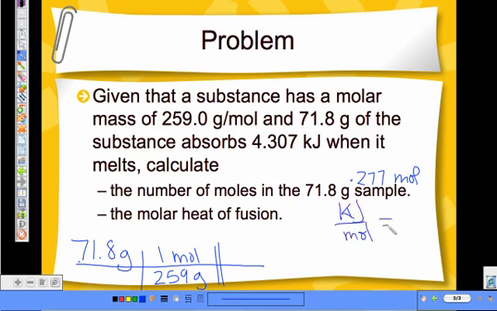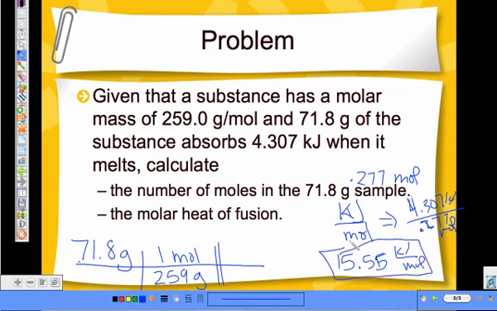So all we would have to do is take our 4.307 kilojoules and divide it by the amount of moles we have, which is 0.277. Okay. Kilojoules per mole. That's all you'd have to find. Yep.